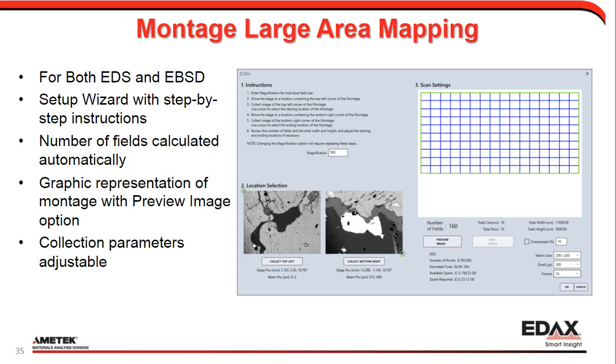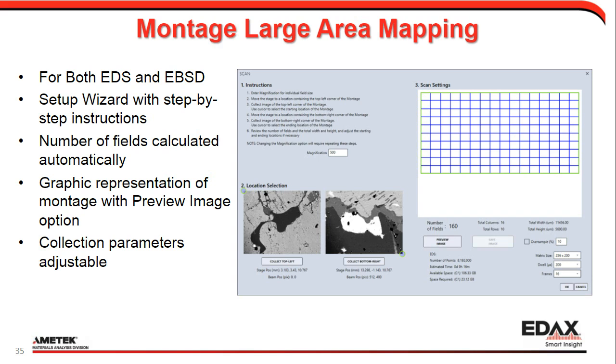The user can move the position marks at the top left and the bottom right of the images, which are the little green circles, to adjust the starting and ending positions, and the number of fields will be recalculated accordingly. The preview image function will go through the montage and collect an image of each field.